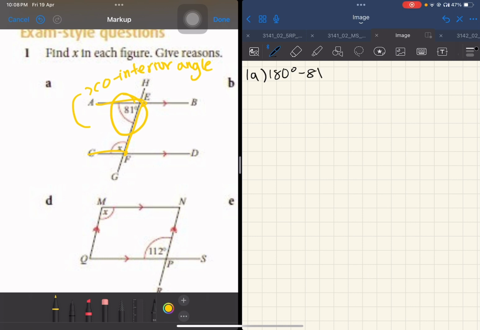So here, in this case, it is 81 degrees, and you get 99 degrees. That's how you find an angle in a co-interior angle. And the reason is that it is a co-interior angle. So that is 1a. Now 1b.